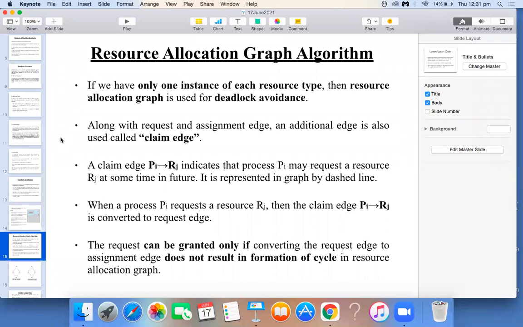So can you elaborate the definition? What does that graph indicate? What does the resource allocation graph say? It contains edges, no?